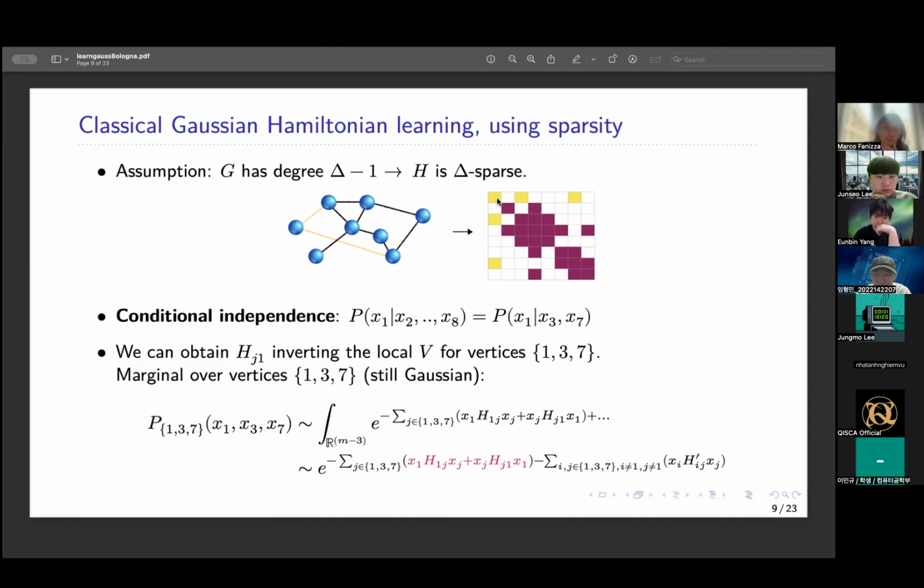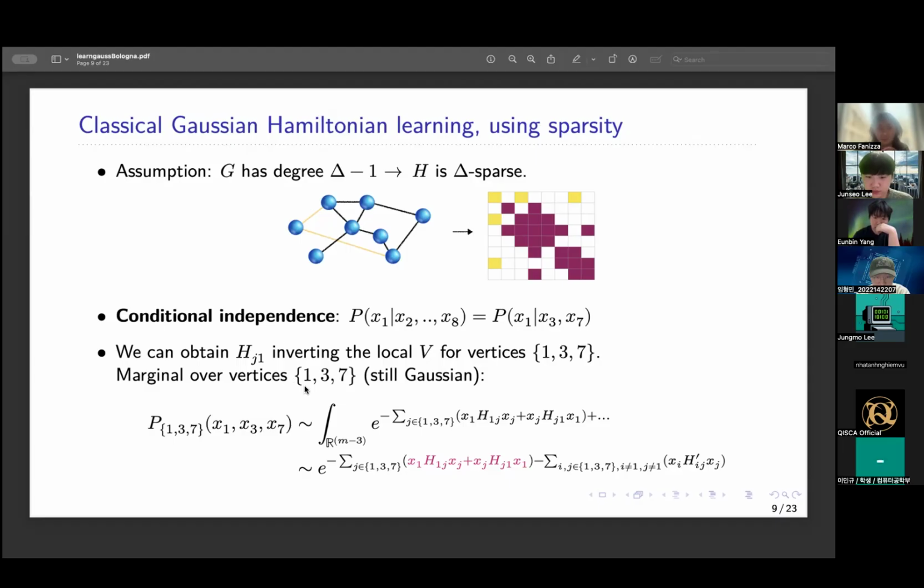That means that there are at most delta non-zero elements on each row and column. And this means that there is a specific structure of conditional independence in the probability distribution of the associated normal random variable, multivariate normal.